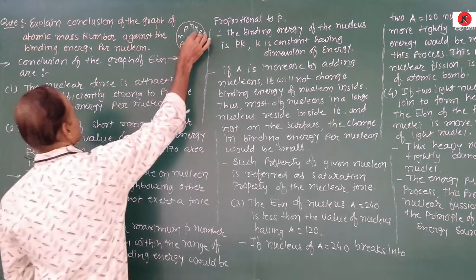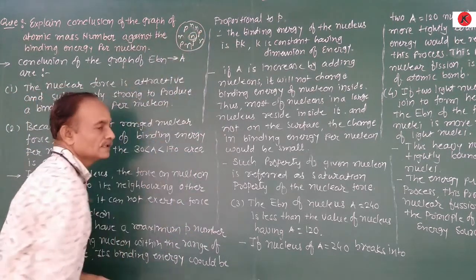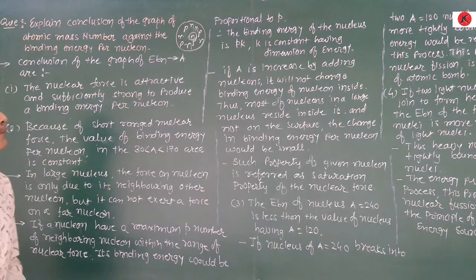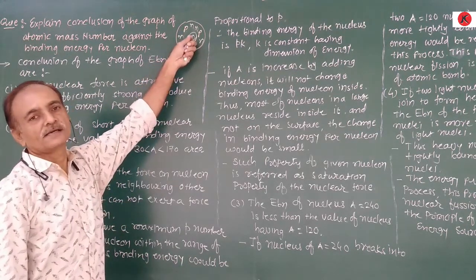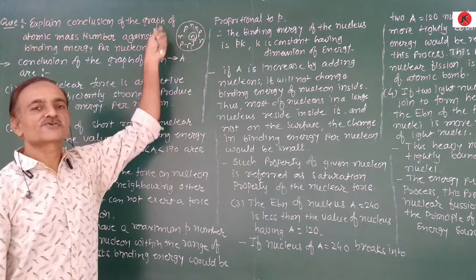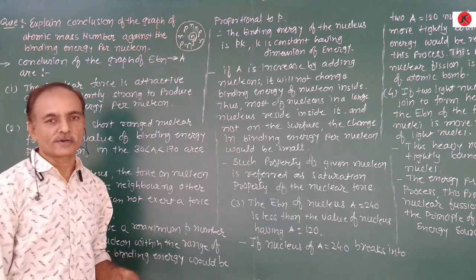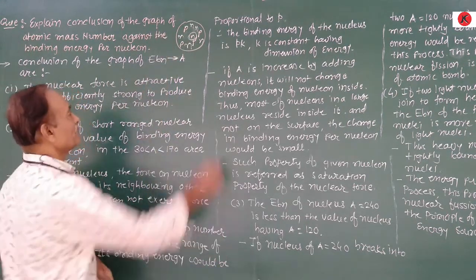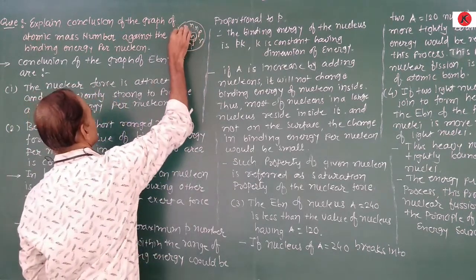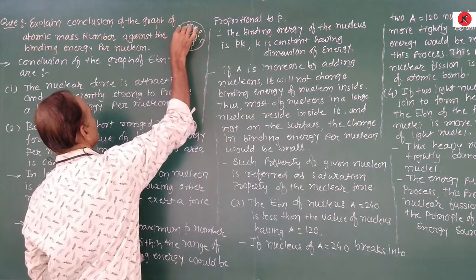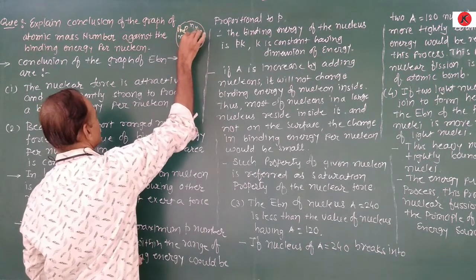As you consider, there is a nucleon. The force of attraction is exerted on this nucleon by its surrounding neighboring nucleons. It cannot apply the force of repulsion or the force of attraction on a far away nucleon.